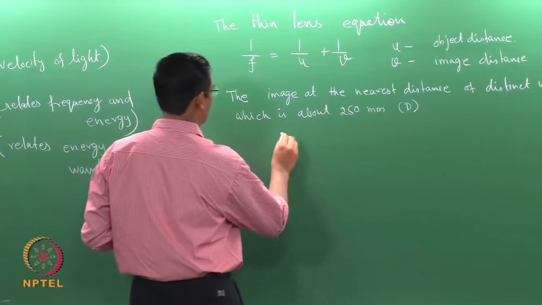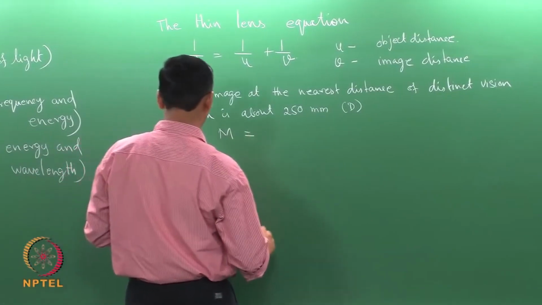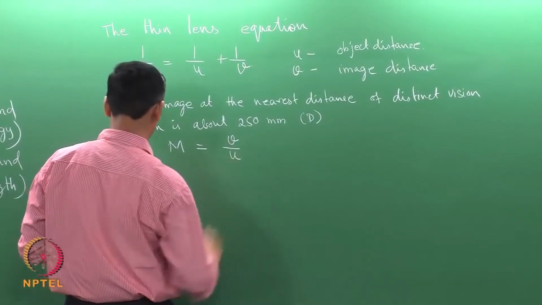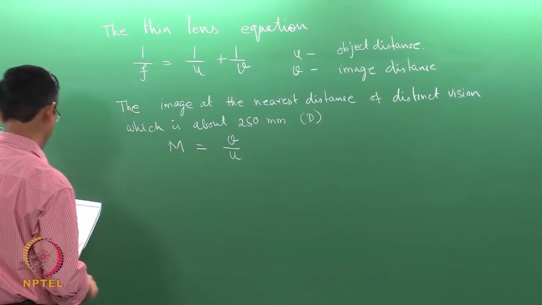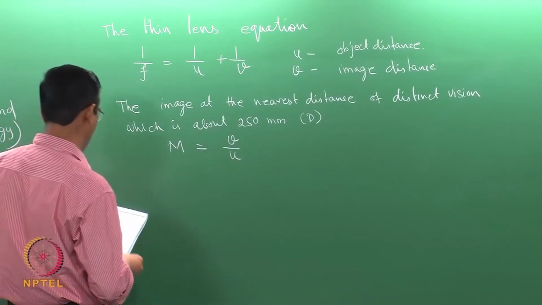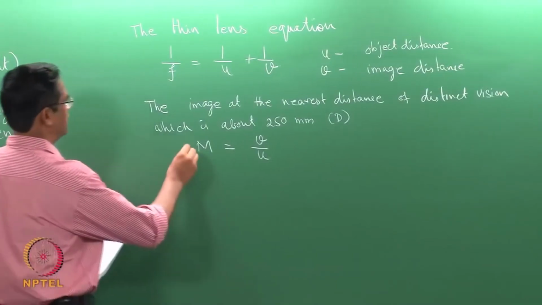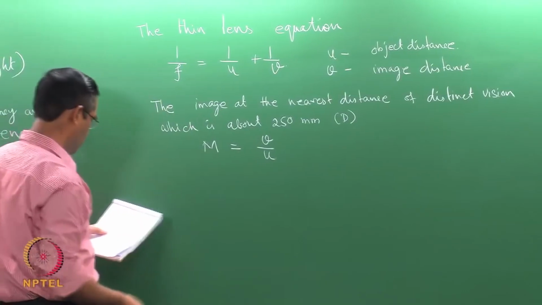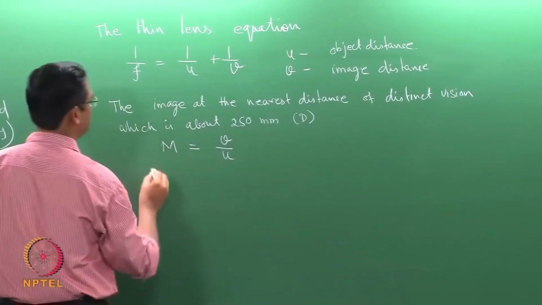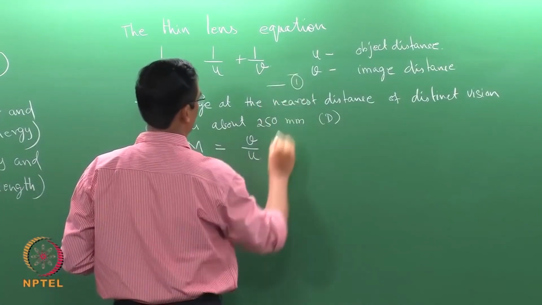So, normally we write magnification is v by u. This is the magnification given by any lens, and suppose you combine these two, let us call this equation 1 and this equation 2.